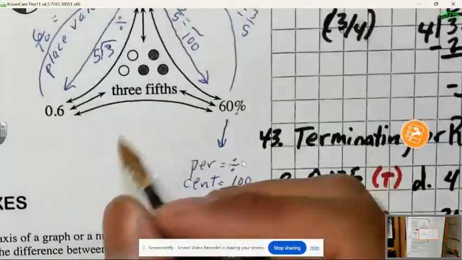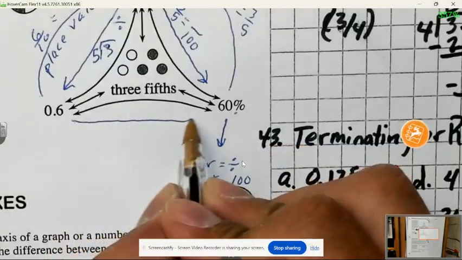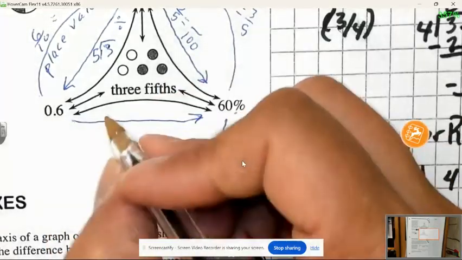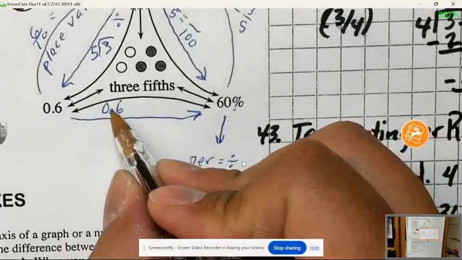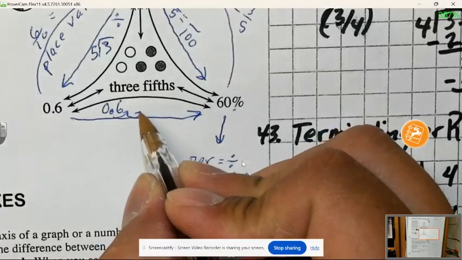Now, here's one of the easiest ways to go from one to another, when we're going from a decimal to a percent. How do we change 0.6 to 60%? Simply, we take that 0.6 and we move the decimal twice to the right.